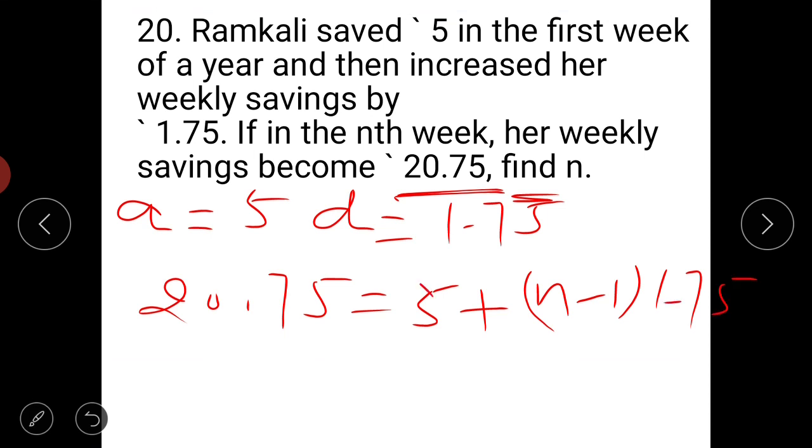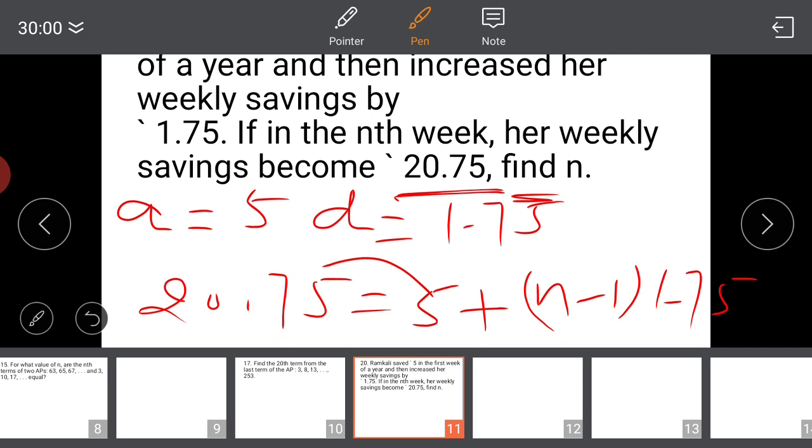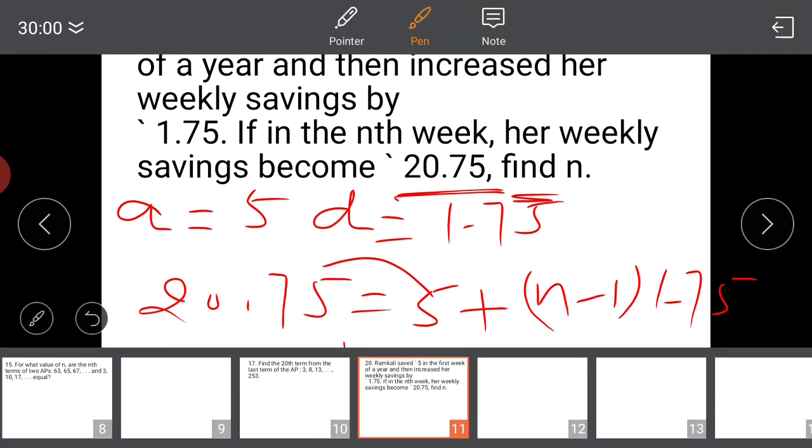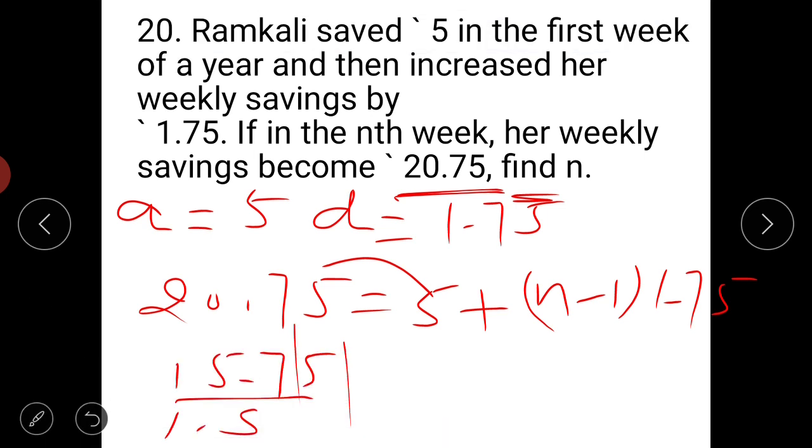So transpose this: 20.75 minus 5 equals 15.75, divided by 1.75 is equal to n minus 1.